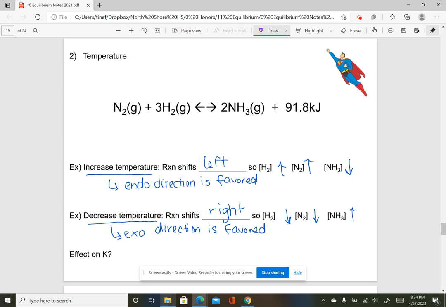So if the first stress is increased temperature, what I want to do is the same as before. I want to find temperature in the equation, and I want to draw an up arrow above it, right? So up goes with away. Which of these arrows is facing away from this arrow? The one to the left, which is what I put. So I got that right.